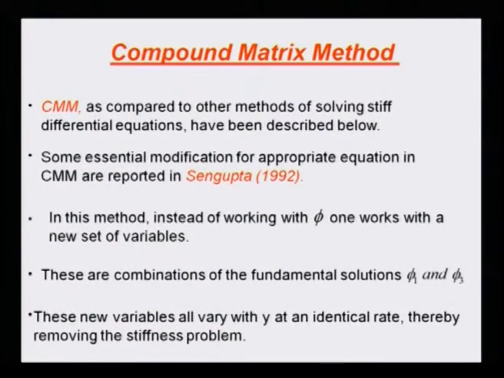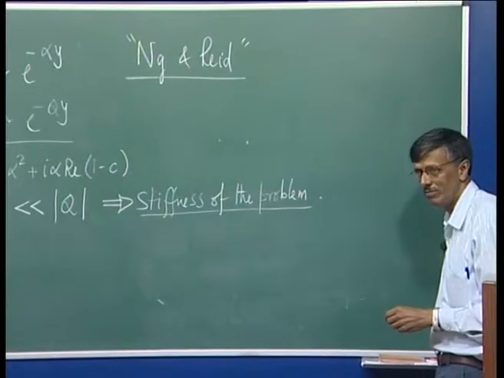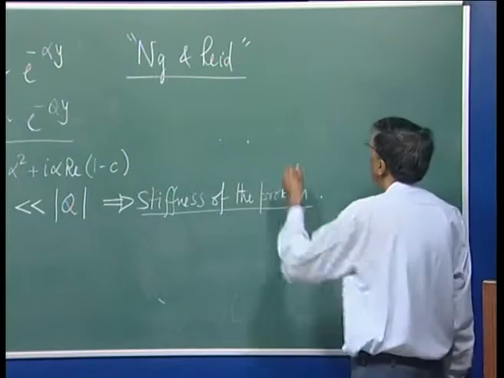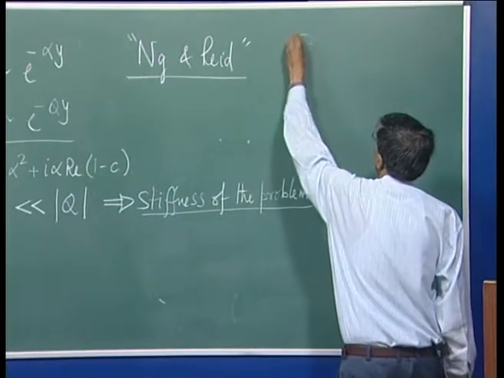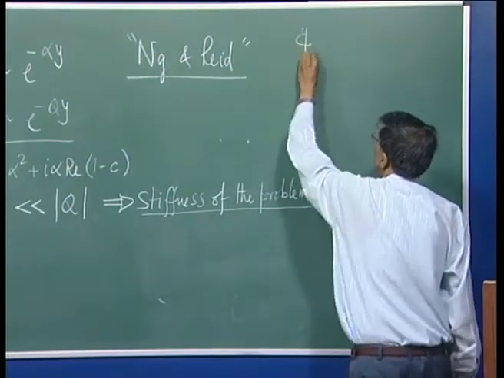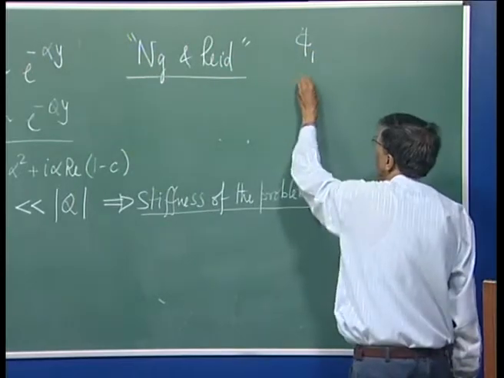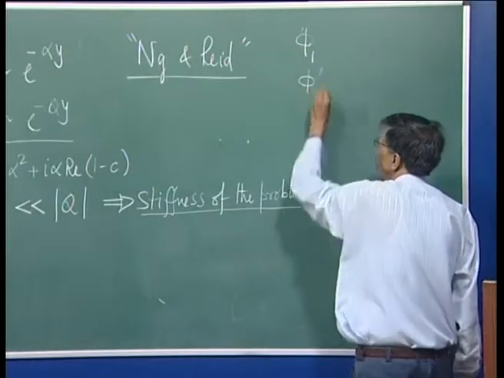Now, I have talked about in the context of solving this Orr-Sommerfeld equation that it is a fourth order equation. So, if I say I have a solution for phi 1, what am I talking about? I know phi 1, I also know phi 1 prime.